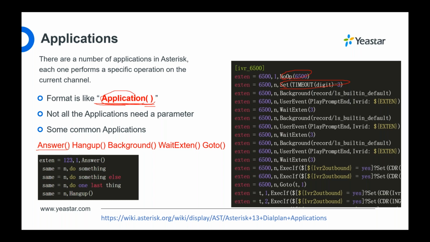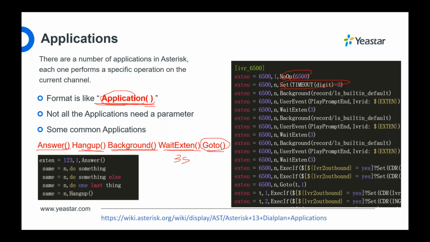These are some very simple common applications you have to know. Answer the call, hang up the call, background just plays a prompt, and wait, which waits a number of seconds. For example, if you want to play a prompt, wait 3 seconds, and then send the call to the other side.